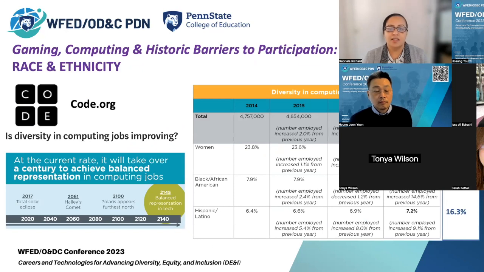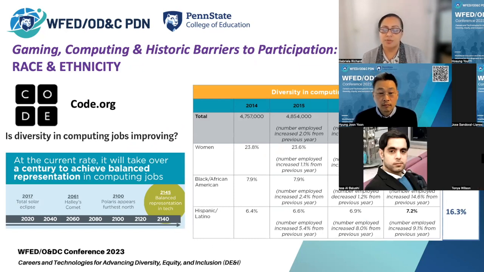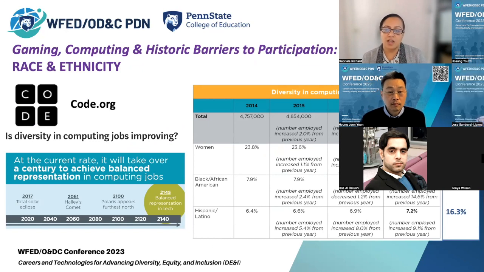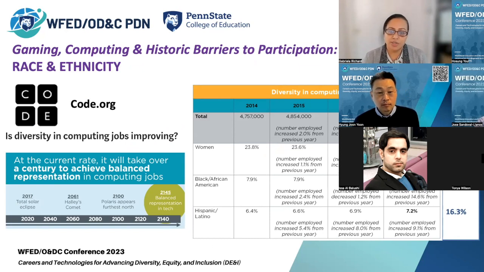And then looking at this across not just gender, but race and ethnicity, we also see that a lot of these historic problems are intersectional. There was a study done a few years ago by code.org, and they found that not only are there issues around gender equity in computing jobs and tech fields, but there is also underrepresentation across racial backgrounds, particularly if you look at population statistics and at the more highly technical aspects of those jobs.